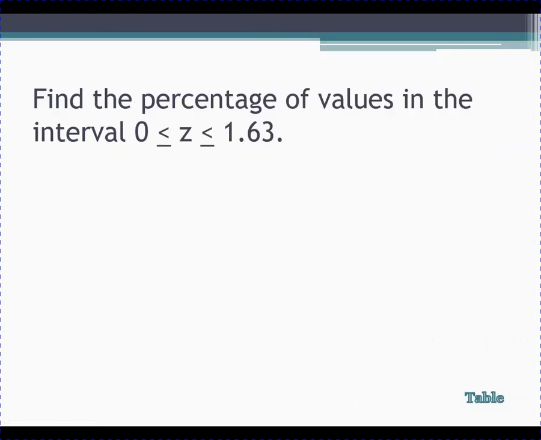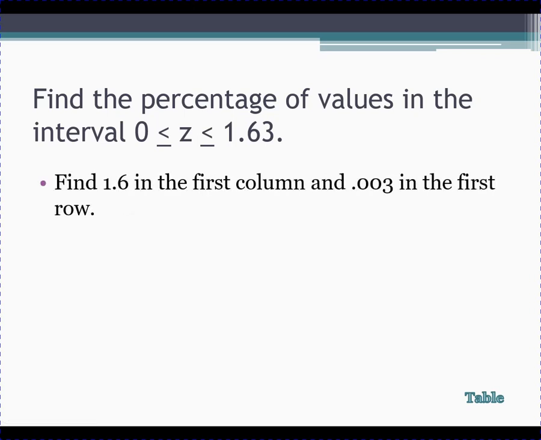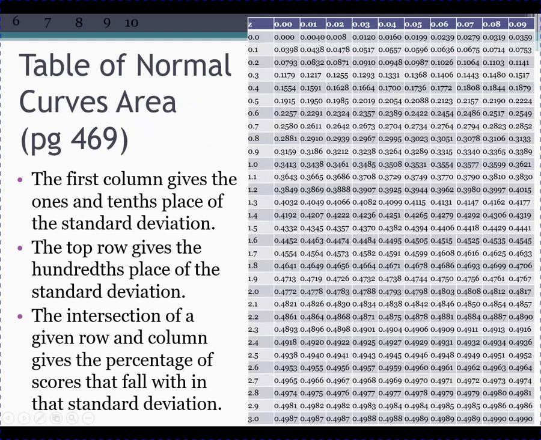Find the percentage of the values in the interval 0 ≤ z ≤ 1.63. So we want to go to our table, and we're going to find 1.6 and 0.03. So we have 0.4484.